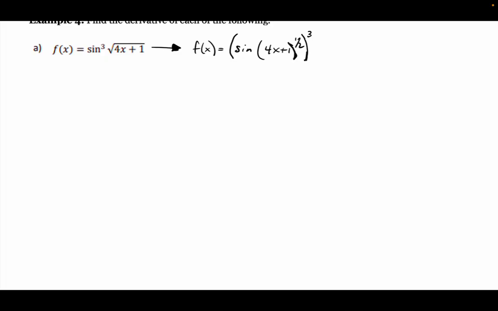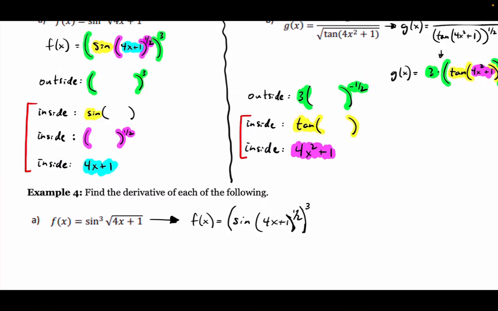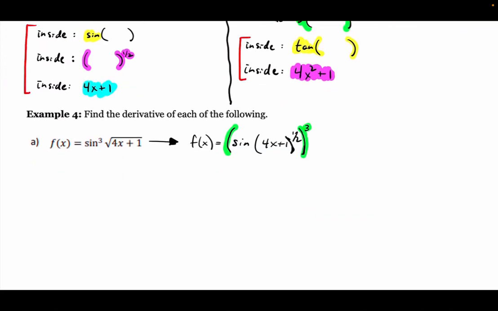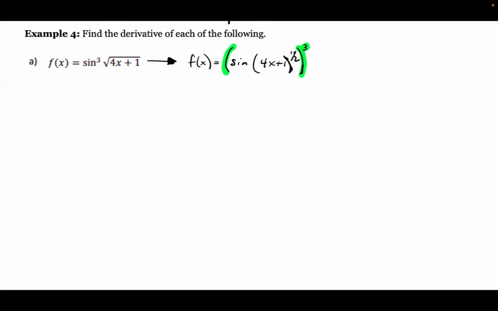So what we said was the outside layer was the cubed part. So the first thing I'm going to do is take the derivative of the outside part. Not even worried about the inside right now. The inside is meaningless to me because I'm not there yet. So if I want to find the derivative of something to the third power, I would move the 3 to the front and subtract a power.